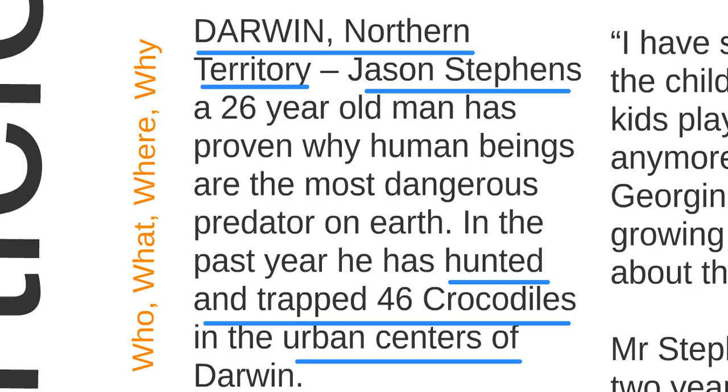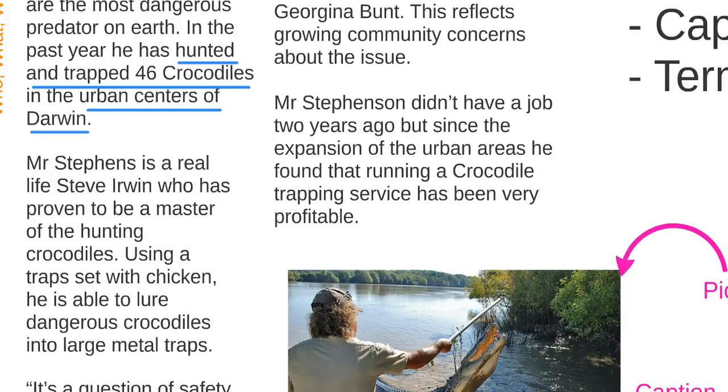In the past year, he has hunted and trapped 46 crocodiles in the urban centres of Darwin. Here we have the where, Darwin, Northern Territory, the who, Jason Stevens, the what, the hunting and trapping of crocodiles, and why, because they're in urban centres in Darwin. Always start with that in your first paragraph.